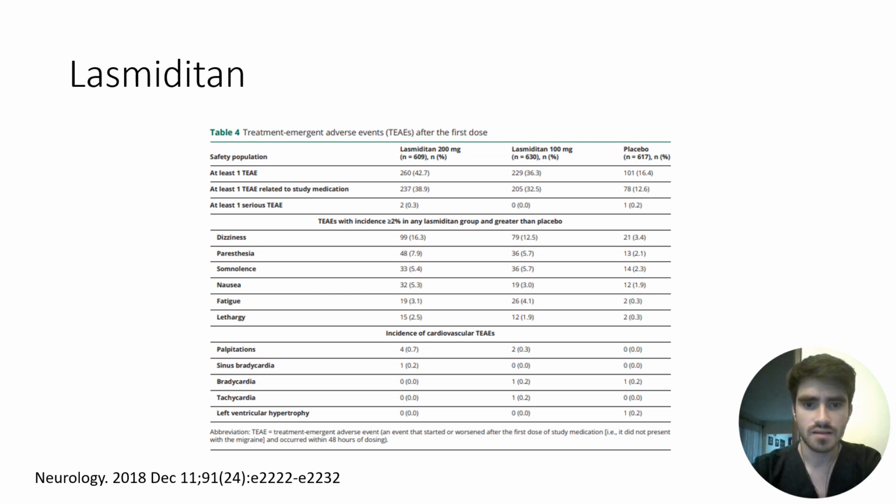Now, this is a chart taken from one of the phase 3 RCTs that studied lasmiditan. As we can see here, there's a statistically significant difference for the use of lasmiditan regarding somnolence, fatigue, and other side effects. That's the reason we do not use this medication in people who drive or who operate heavy machinery.